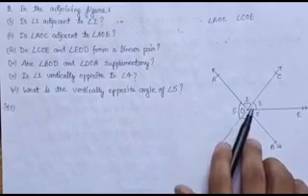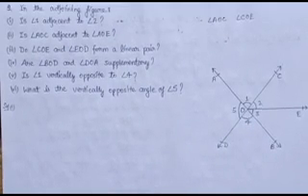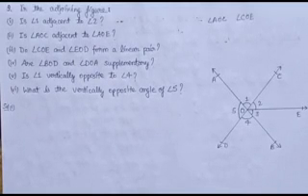You know, two angles are said to be adjacent if these two angles have one common arm and the other arms of these two angles lie on opposite sides of the common arm.